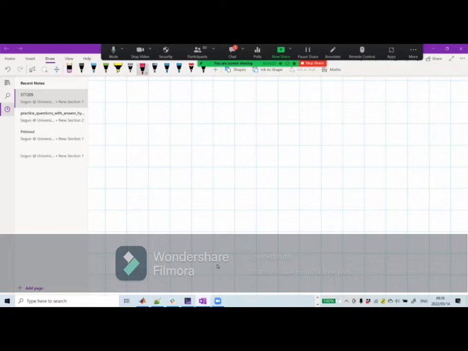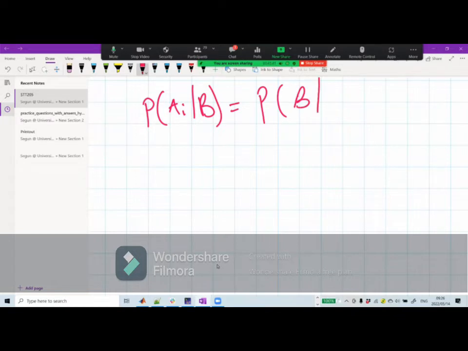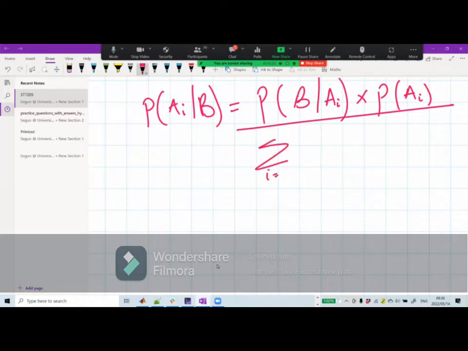Let's say we remember from the definition that the probability of Ai given B is the same thing as probability of B given Ai multiplied by probability of Ai, divided by the summation of i equals 1 to n of probability of B given Ai multiplied by Ai. What does that mean?